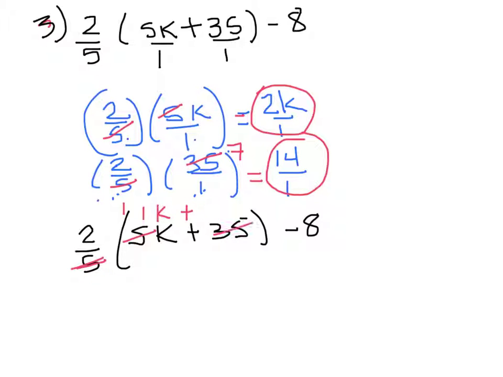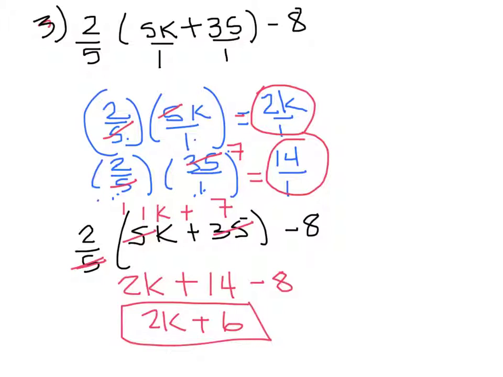Into 5 and into 5, 7. Then I proceed to multiply these two and these two. My answer will be 2k plus 14 minus 8. Now, combining like terms will be for these two. So we write 2k plus 6. And that is my final answer.